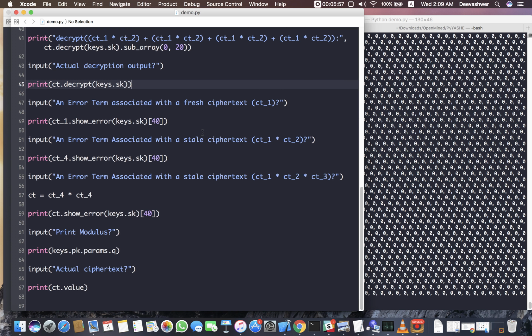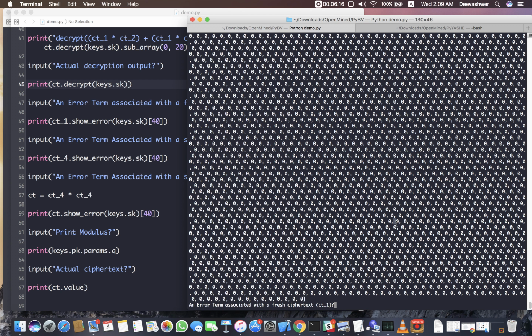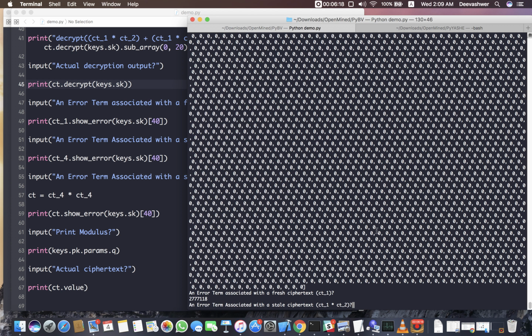Now let's see the error terms associated with each ciphertext. For both the demos, I've only outputted a single error term because all of them will be similar, and it would be hard to see the difference if I output all of them. So let's see the error term for CT1.